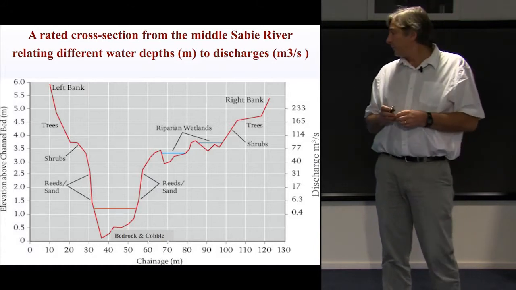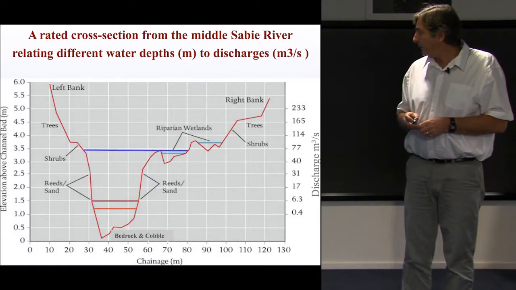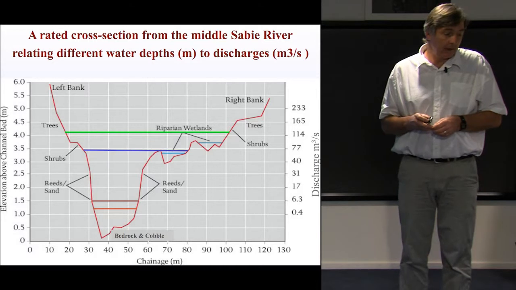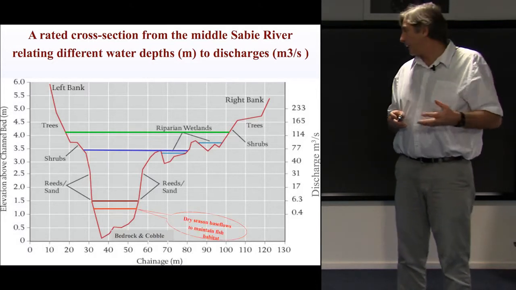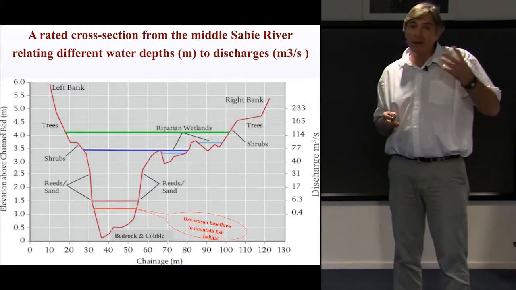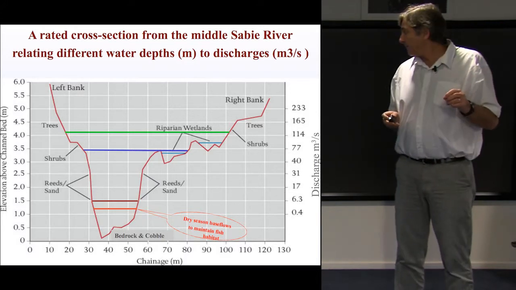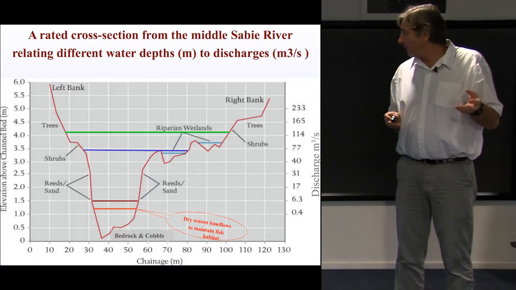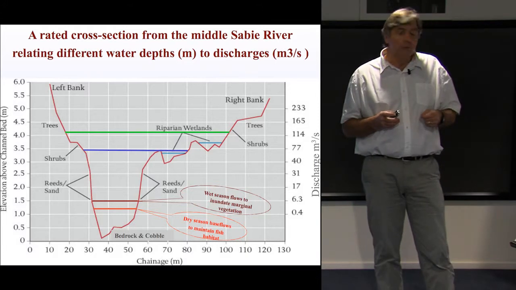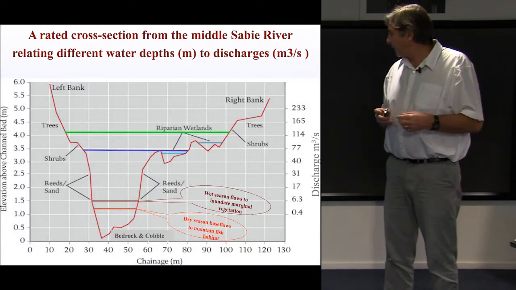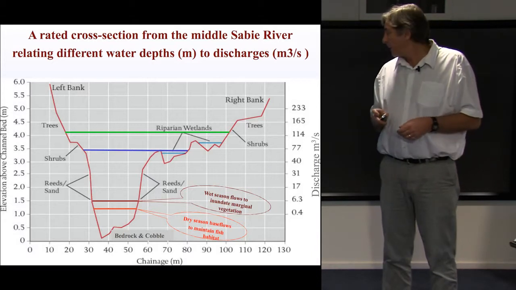So what we can do then is look at different flows that might be required at different times during the year. With the red flow there, the dry season base flows to maintain some sort of survival fish habitat as the lowest requirement. The wet season base flows to just inundate the marginal vegetation, the reeds and the sand on the edge of the river.